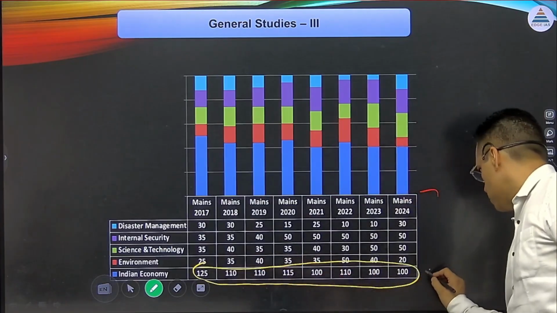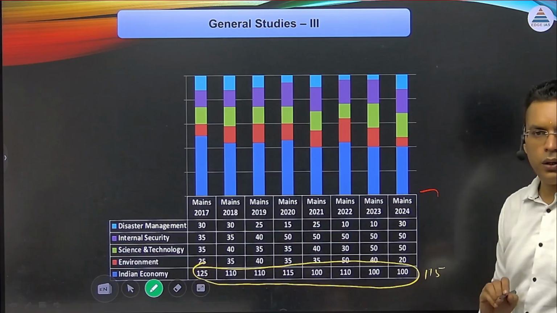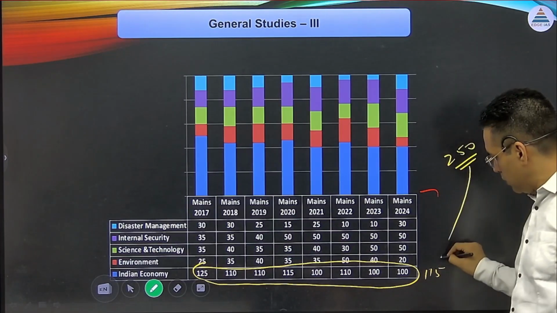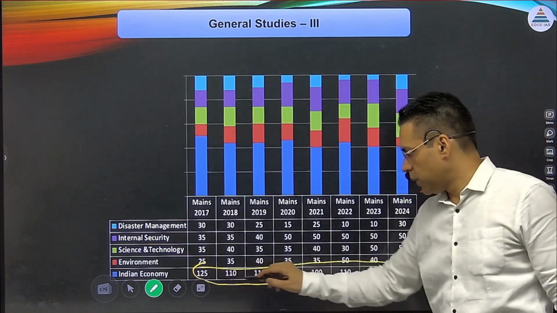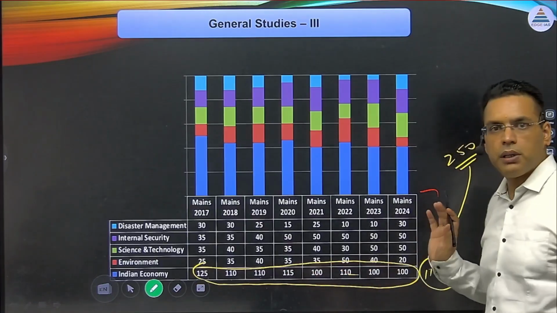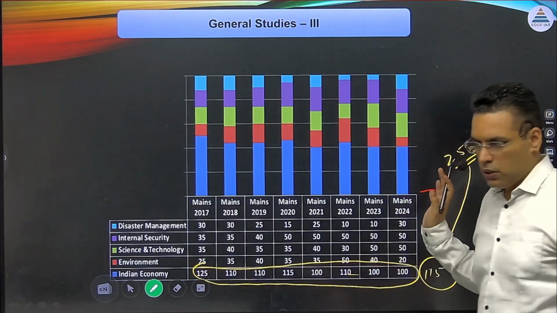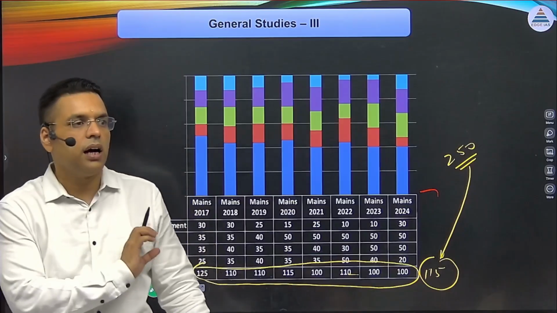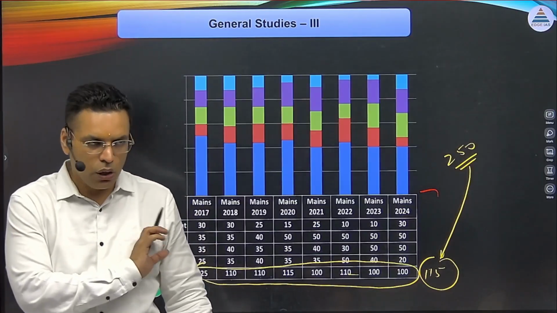This year it was 115. So out of 250 marks, on an average 125, 110, 115, 100 like that. So 115 marks question can be attempted from this section. And take this section very seriously, because it's a highly rewarding section, because it is highly applied based.